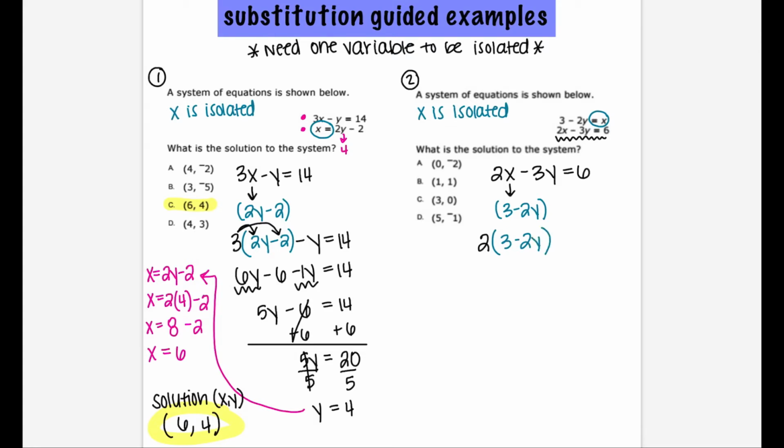So we have 2. Now instead of x, I'm writing 3 minus 2y. So I'm plugging that in with parentheses around it. Bring down the minus 3y equals 6.